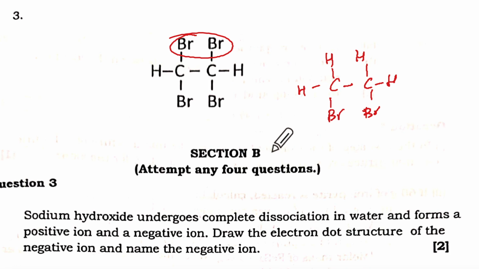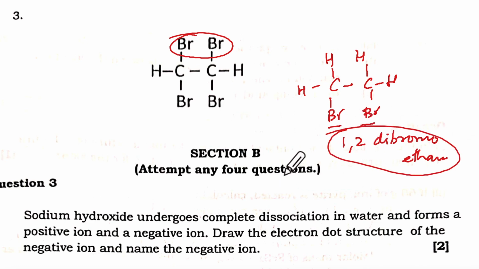Still confusion? Yes, still confusion. What is the name of this? 1, 2 dibromoethane. And you said this also is the same.